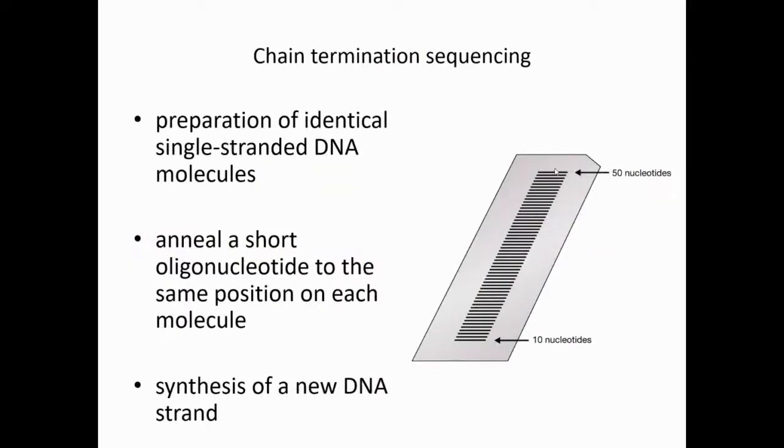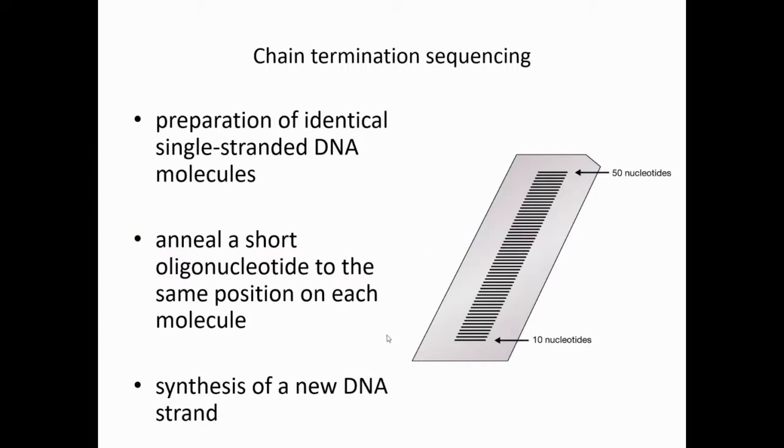Basically, the principle is you prepare identical single-stranded DNA molecules, and then you anneal a short oligonucleotide to the same position on each molecule, and then you synthesize the new DNA strand.